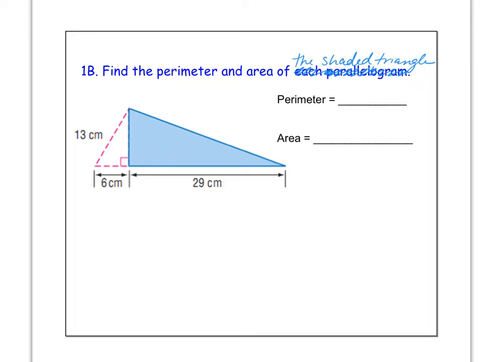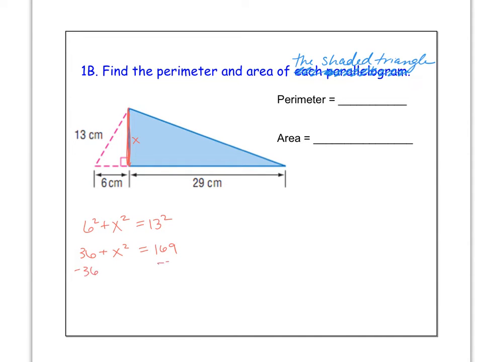I'm going to start by trying to find this side over here in red. And so if I use that triangle off to the left, I can do 6 squared plus, I'll call this x, so plus x squared equals 13 squared. If I use the Pythagorean theorem, I can find that height. 6 squared is 36. X squared we don't know. 13 squared is 169. Then think of what you do next to solve.